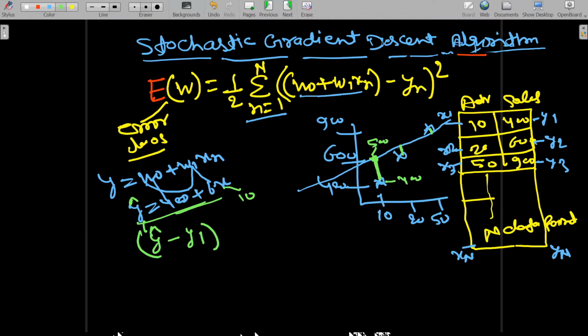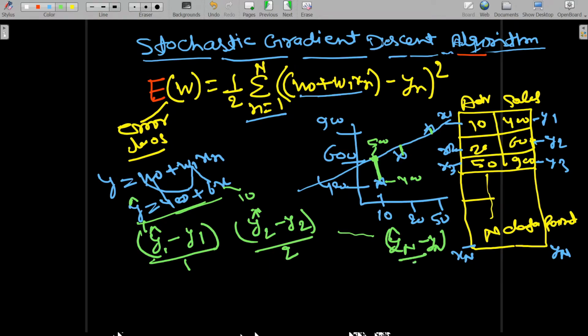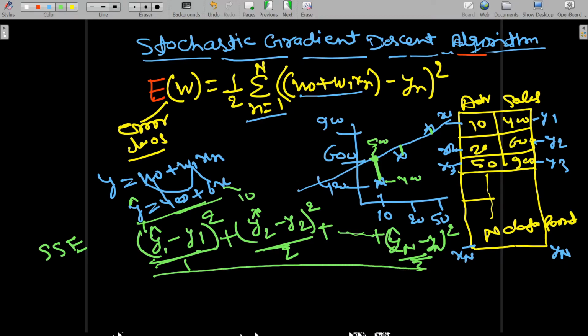Similarly, for the second data point, it will be y2 cap minus y2, and similarly yn cap minus yn. This is the first data point error, the second data point error, the third data point error. When we say sum of squares of error, first we square all of them, and then we sum them all. So this will be the sum of squares of error.